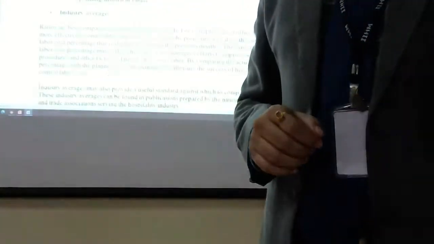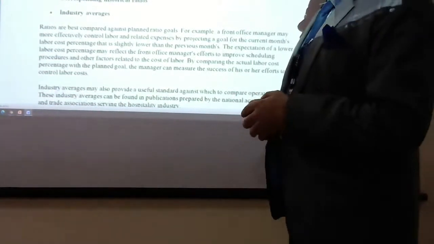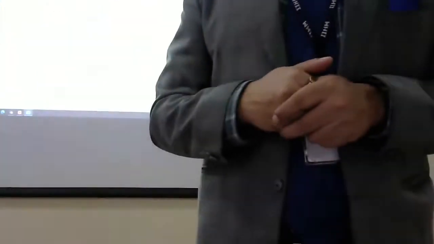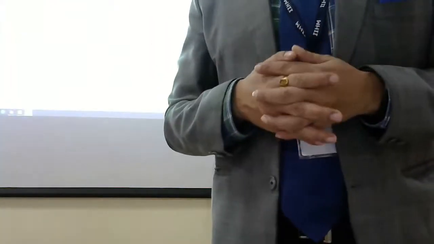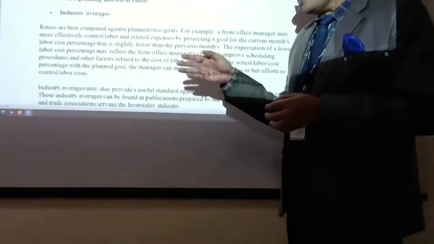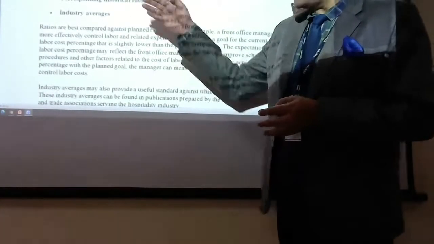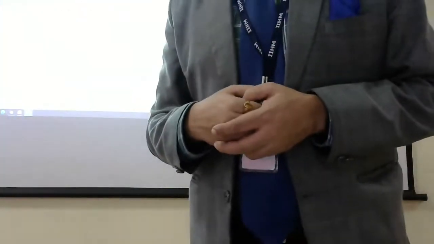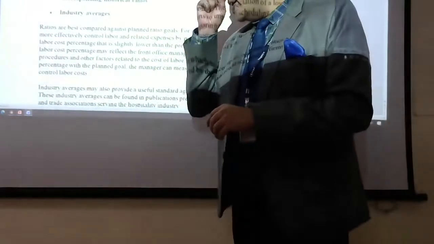Now, whenever we are doing ratio standards, we are talking about comparing against planned ratio goals. Where do we get the planned ratio goals? From our budget statement from the hotel, and we can check the variances, and then we can have the percentages. The next one after the planned ratio is the historical ratio. What was your percentage of income in the last year, so you can compare with that. That is how historical ratios help us.